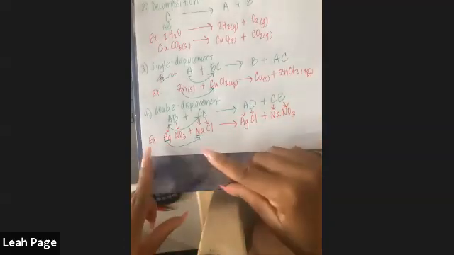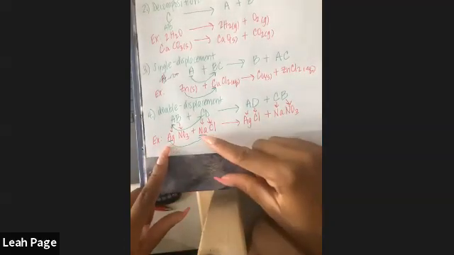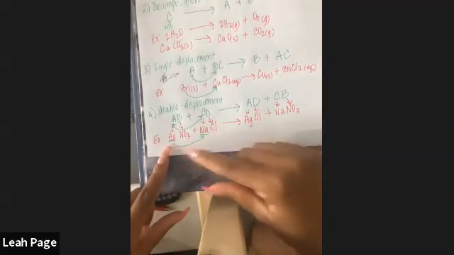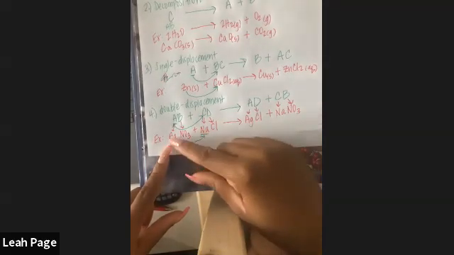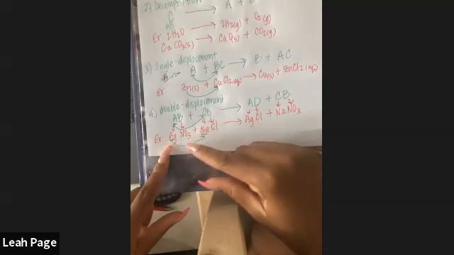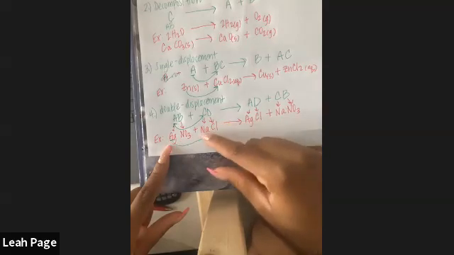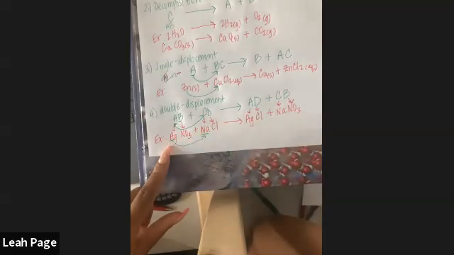Because look, I did switch places with the silver and the sodium. You can think of it as the nitrate and the chlorine switched, or you can think of it as the silver and the sodium switched. So it's the same thing. If you say silver replaces sodium, that means silver now goes with chlorine and sodium now goes with nitrate. Yeah, it doesn't matter how you think of it.